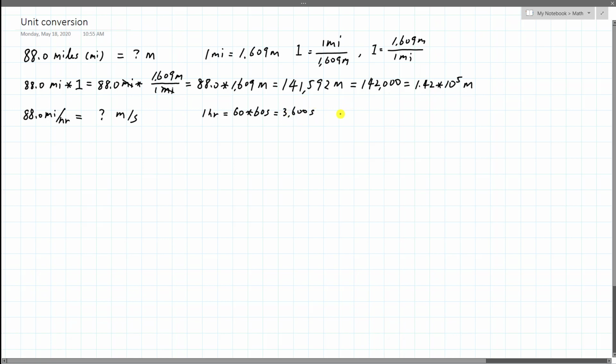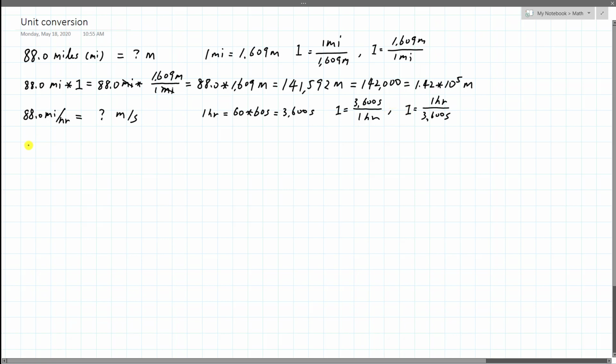So if I divide one by the other, I'll have a 1, which is a dimensionless number. So I can do 3,600 seconds over an hour, and I'll also have this other option, 1 hour divided by 3,600 seconds. Alright, so either way is a 1.